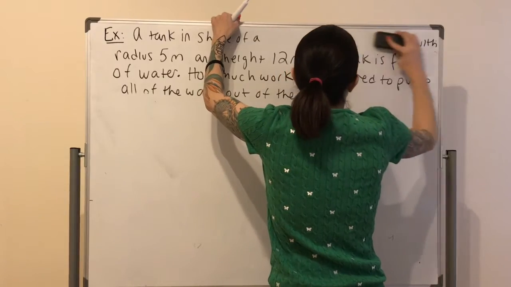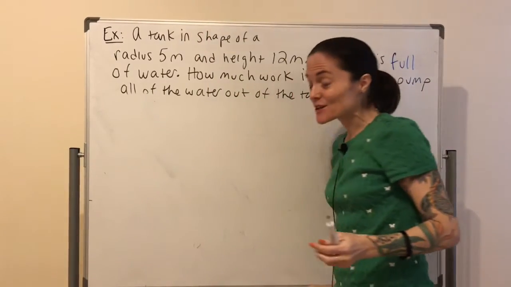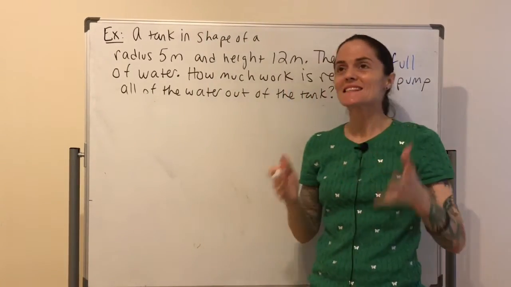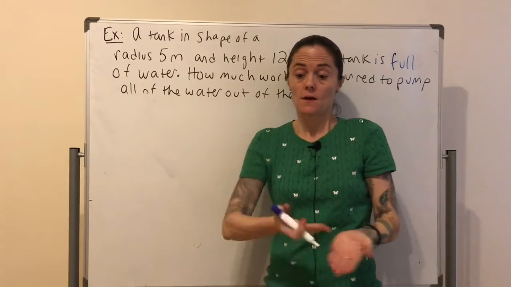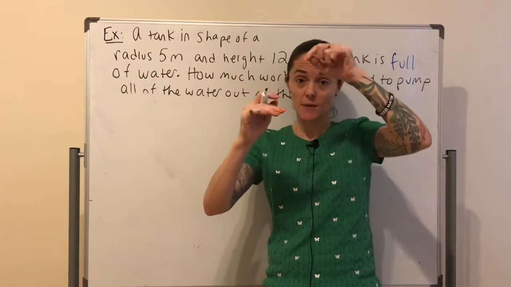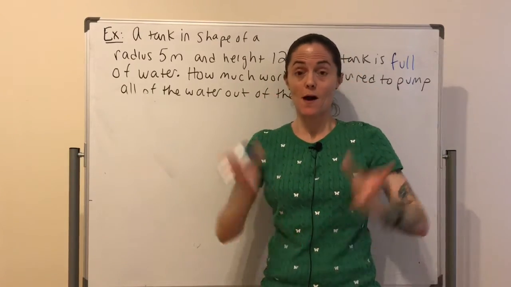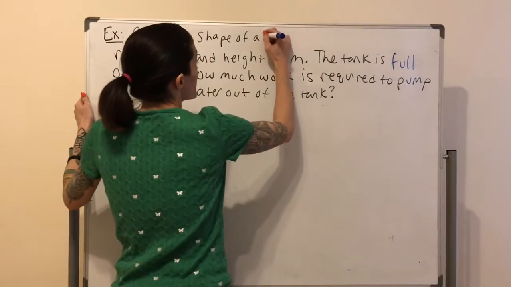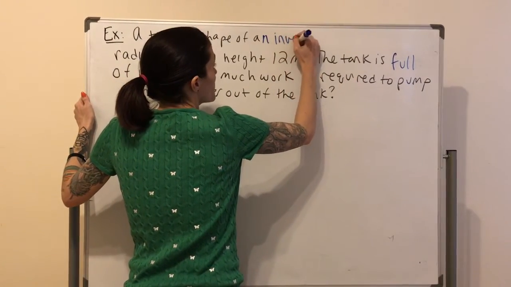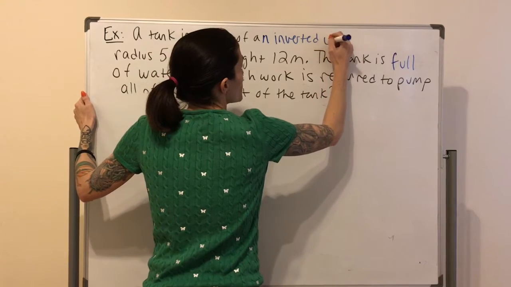Maybe I should erase this, because if you have a circular cone, and you can practice this either in homework or the worksheets I will post, it either sits on the big base part with the tip at the top, or it's inverted with the tip at the bottom and going up like this. So we will do an inverted circular cone.